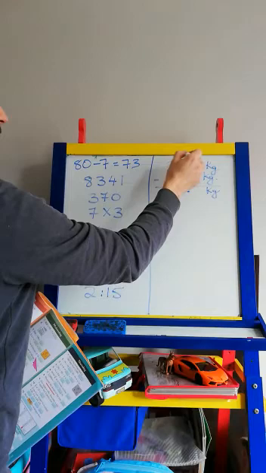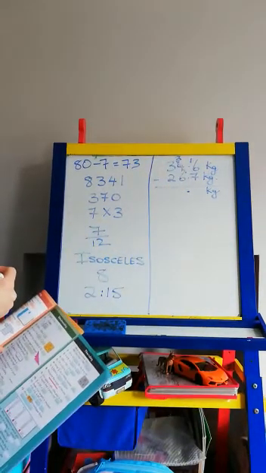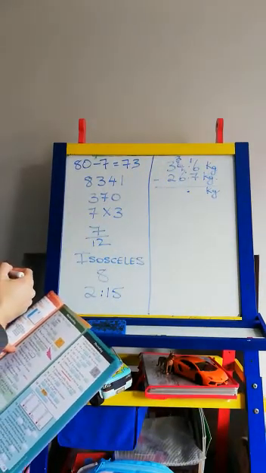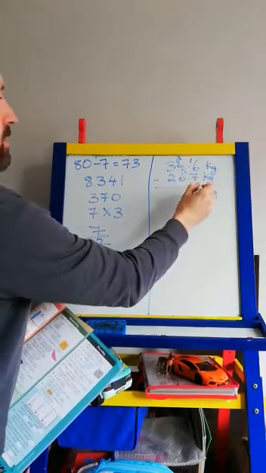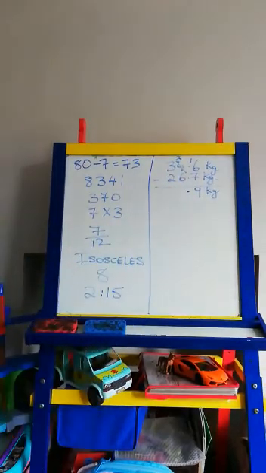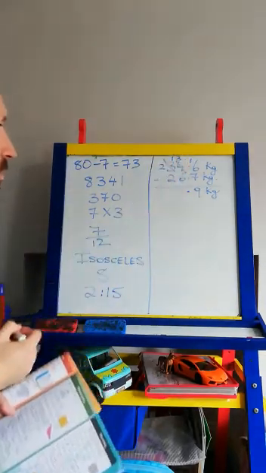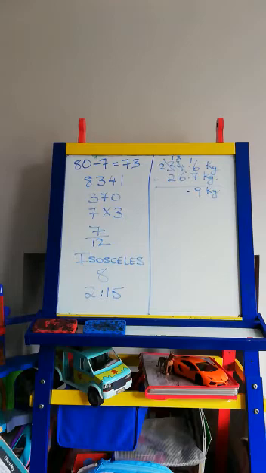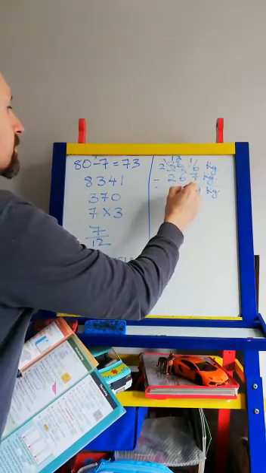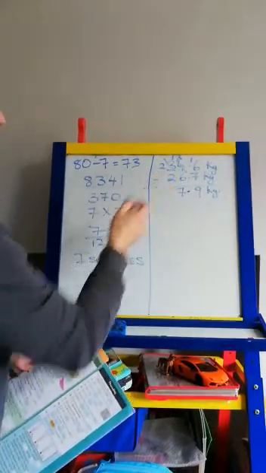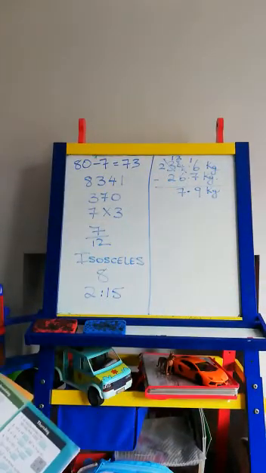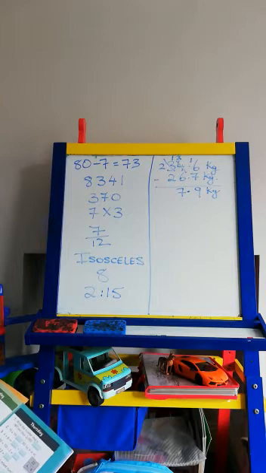Cross out the 4, it becomes 3, bring over the 1. 16 take away 7 is of course 9. 3 take away 6, I cannot do. Cross out the 3, it becomes a 2, and bring over the 1. 13 take away 6 is 7. And finally 2 take 2 is 0, so that's nothing. So the answer there is 7.9 kilograms.